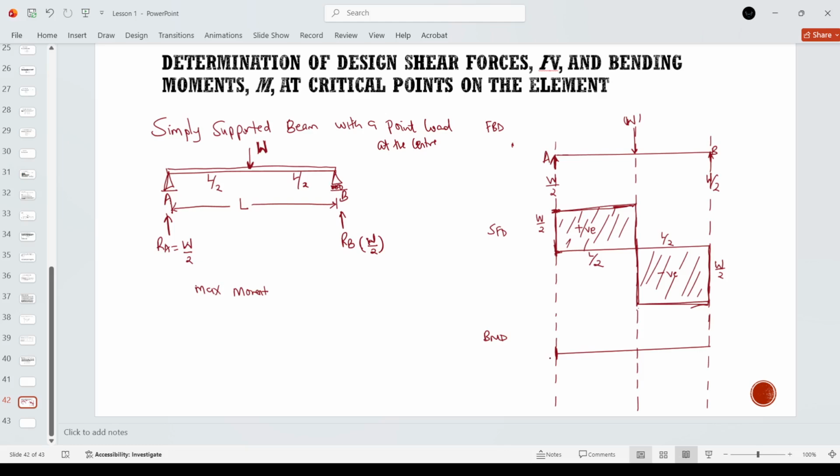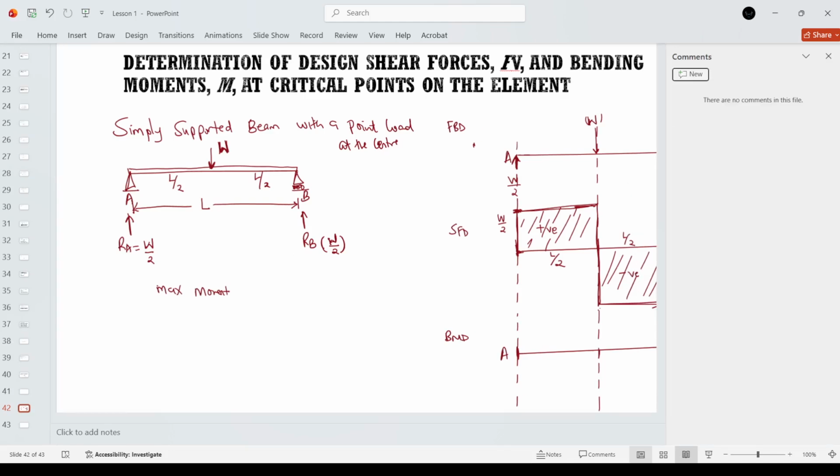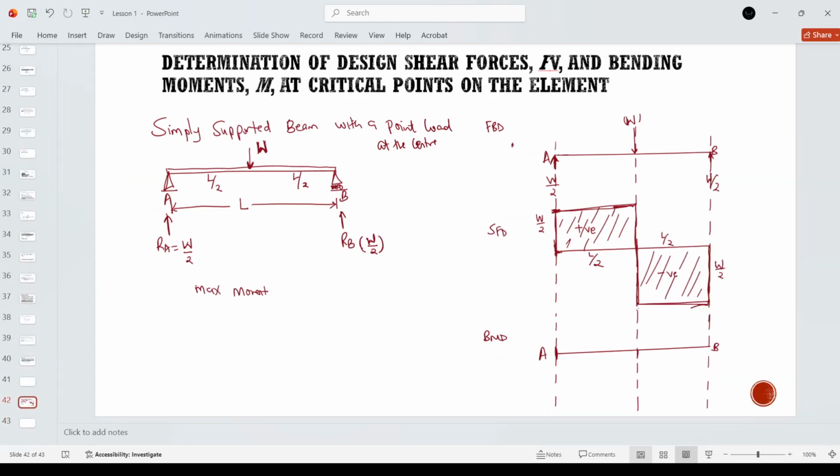So this is A, this is B. Okay, so we are saying that maximum moment will be developed at zero shear, at the place where we have zero shear.